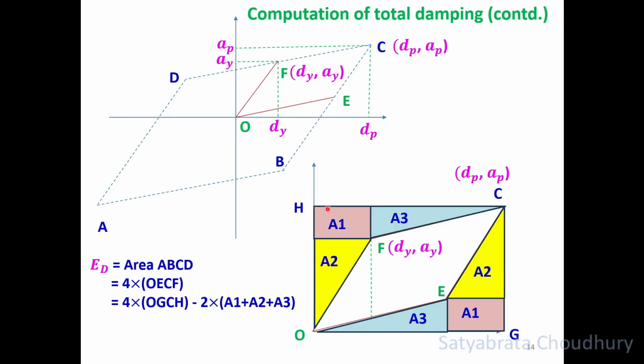So the area of the rectangle is distance OG, which is equal to Dp, and distance GC, which is equal to Ap, because this is your performance point. And all the areas A1, A2, A3 can be expressed in terms of the yield point values Dy, Ay, and the performance point coordinates Dp, Ap.